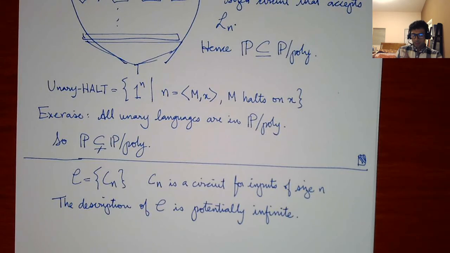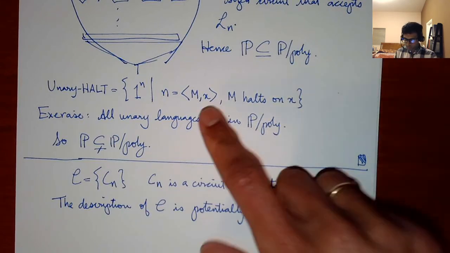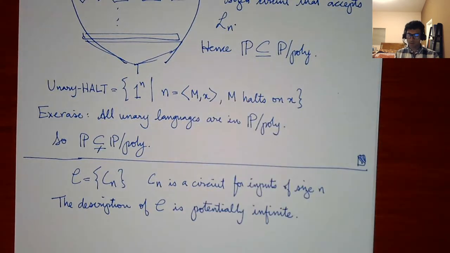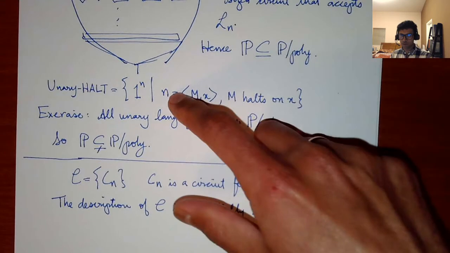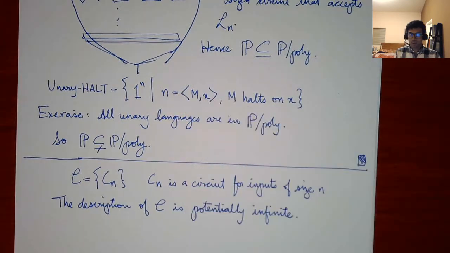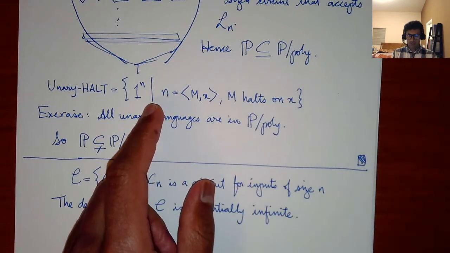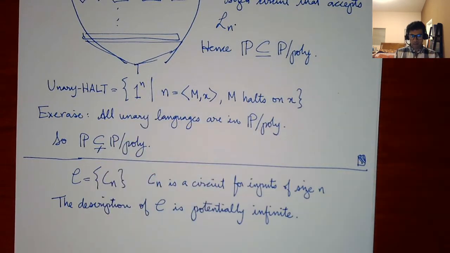Let me clarify what you said. For every different m and x, you'll get a different n, of course. But the encodings of those n's may have the same length, in which case one circuit would have to deal with many of them. The way I've done the encoding here, for every length there's only one instance of the halting problem encoded to it.